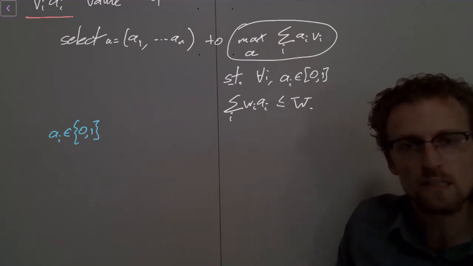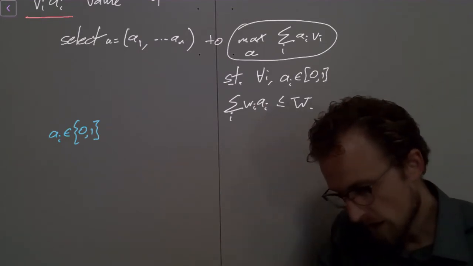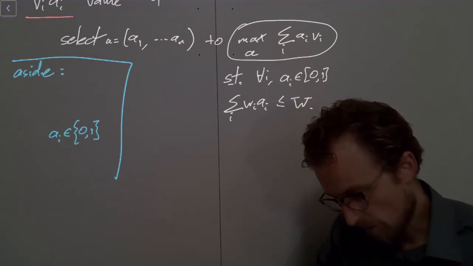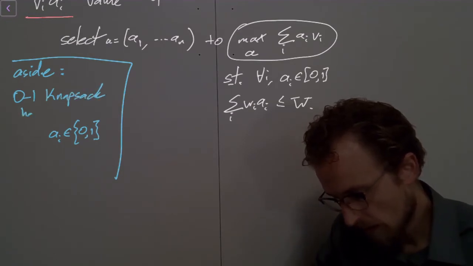So select AIs from the set 0 and 1. This is just a pure aside, just for your benefit.